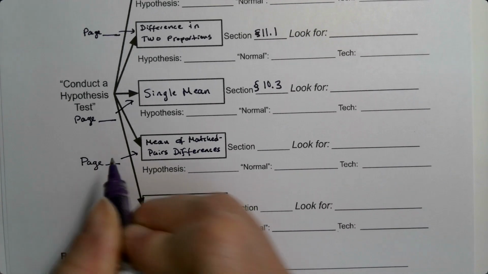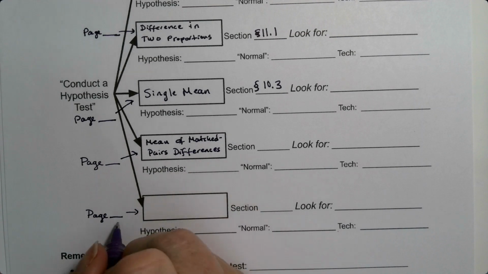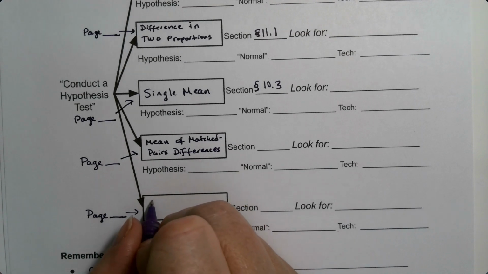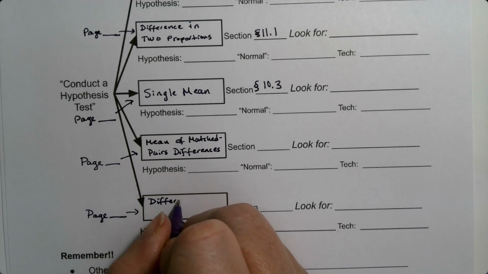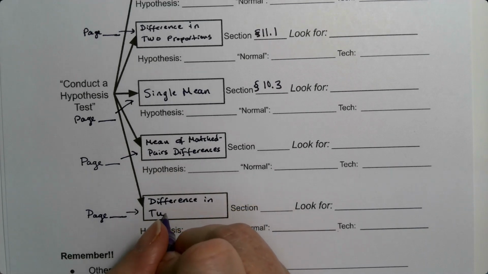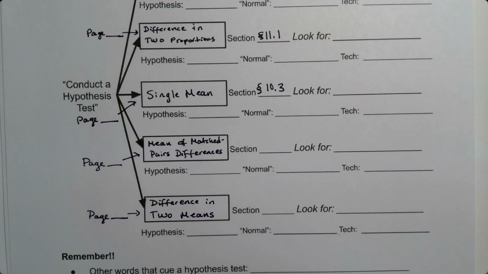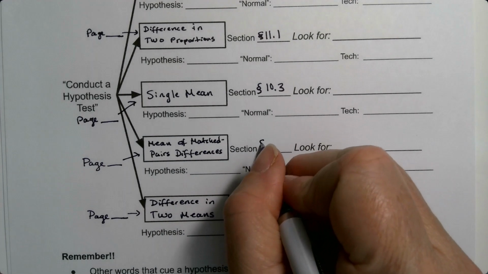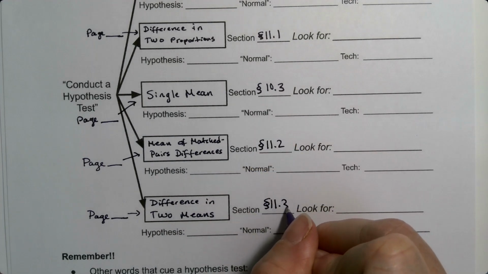Here, give yourself a page number for all of these. And this is the difference of 2 means. Very similar to the difference in 2 proportions, it's just means instead. All right, so this was section 11.2, and this is section 11.3.